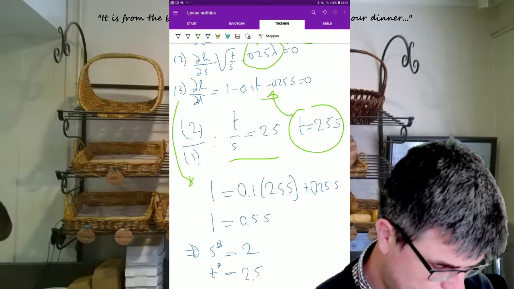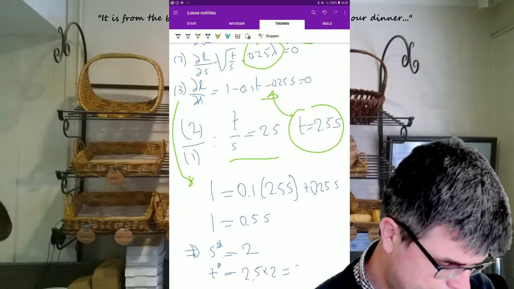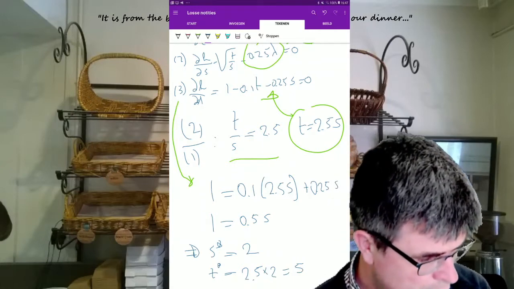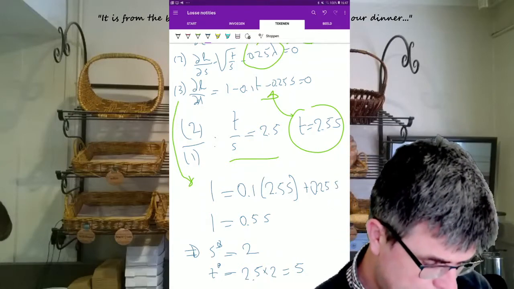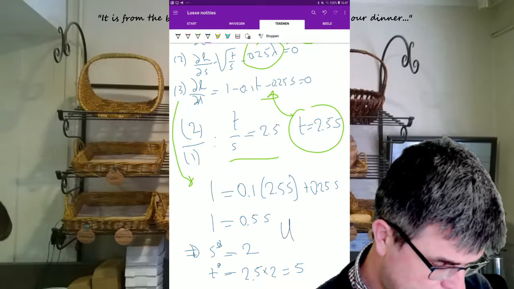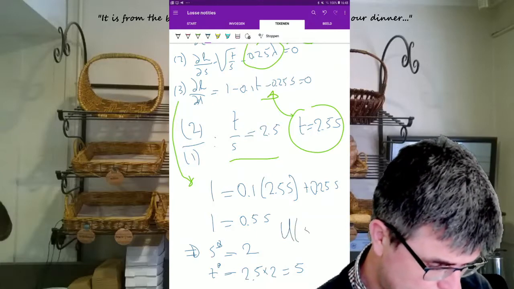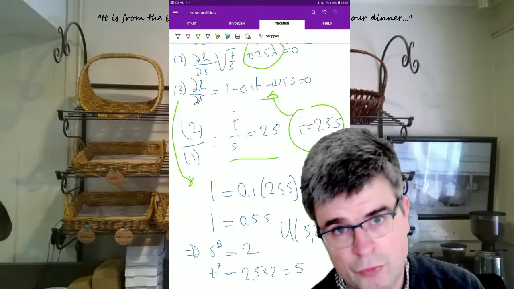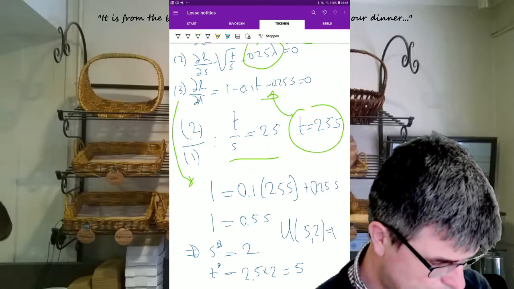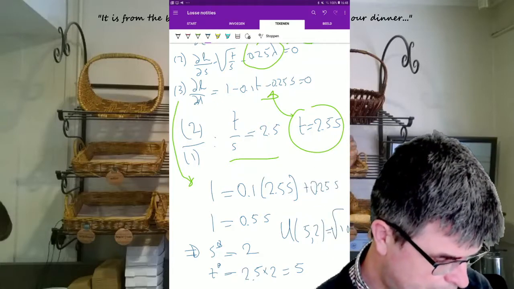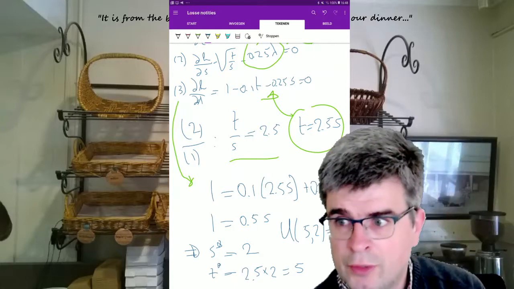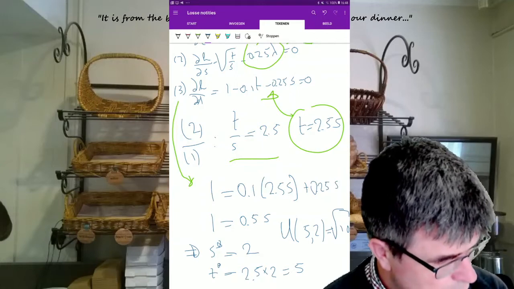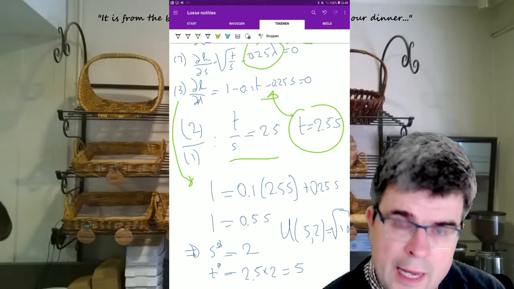So 2.5 times 2 is that in equilibrium we will consume, or Paul will consume, 5 Twinkies. And by doing so, he will receive a utility equal to the square root of 5 times 2. So his utility will be the square root of 10. And that is question A.